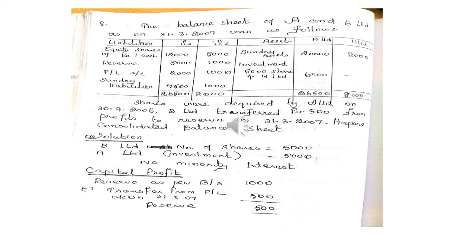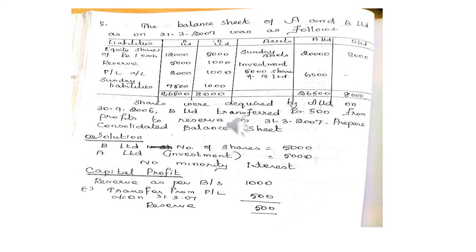Then on the asset side, sundry assets and investment, 5,000 shares of B Limited, amount is 6,500. Shares were acquired by A Limited on 30th-9-2006. B Limited transferred rupees 500 from profit to reserve on 31st-3-2007. Prepare the consolidated balance sheet.